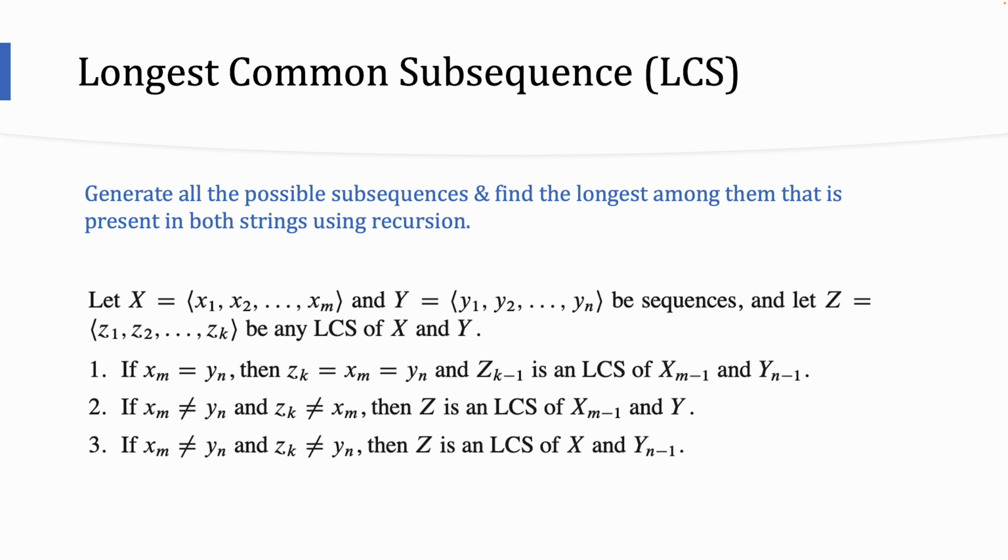Previously we called them S1, S2, and now we are calling them X, Y, Z. Z is going to be the longest common subsequence, and X and Y are going to be our two original sequences that we're going to examine.